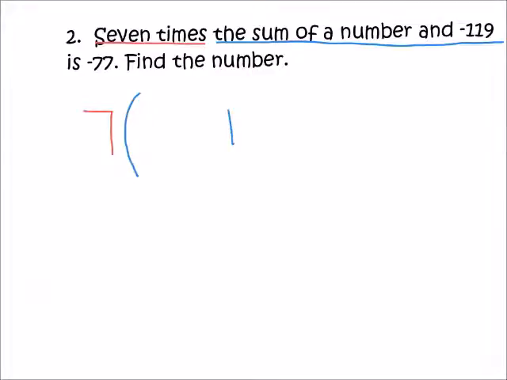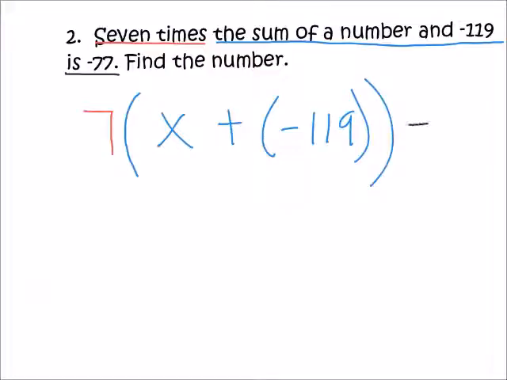The sum of a number, we don't know what the number is, so we give it a variable, and negative 119. Okay, so we have that. Now we can continue on by looking at the next statement, and it says is, which means equals, negative 77. Okay, so now we have an equation that we can solve.